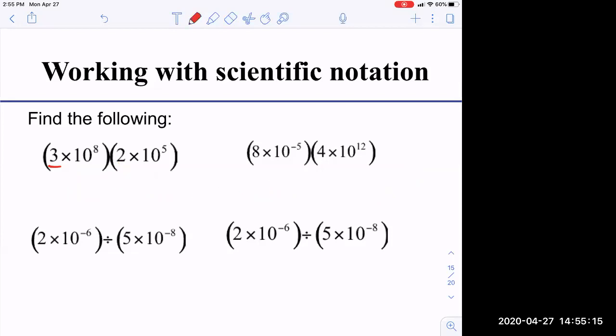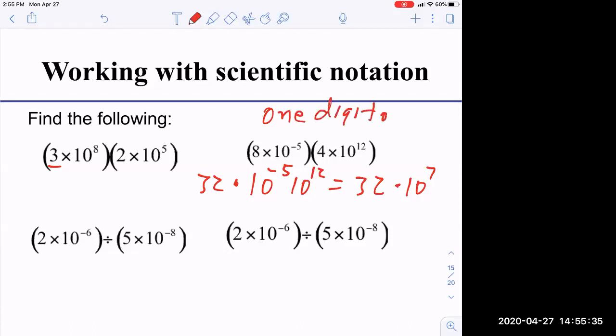Let's do this one. 8 times 4 is 32. Now, 10 to the -5th, 10 to the 12th. I get 32 times 10 to the 7th, but we don't stop there because we only get one digit to the left of the decimal point. So we change this.